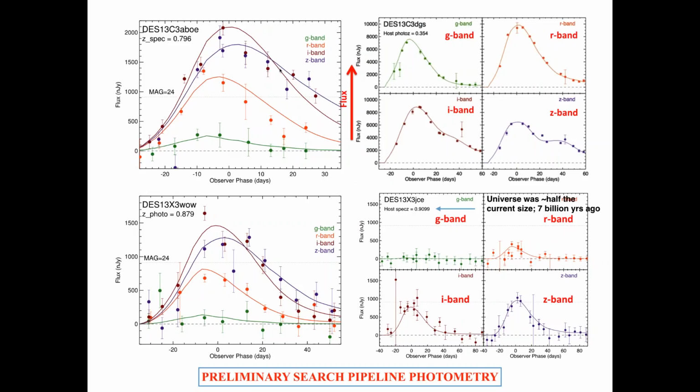And the bottom right is a higher redshift one, redshift of 0.9. This was a supernova that exploded 7 billion years ago when the universe was roughly half the current size, and the light is just reaching us. Puts things into perspective.